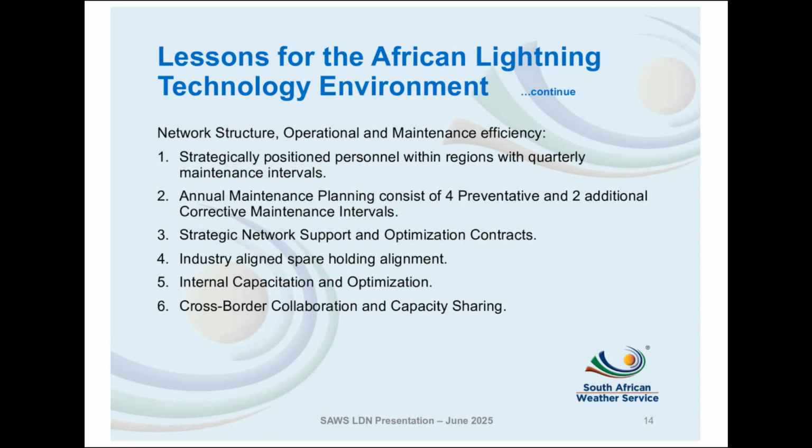And then we have strategic network support and optimization contracts in place. And these involve, like we've indicated before, relationships with METEORAGE, relationship with BioSala, and others to be able to support us to make sure we deliver the best possible service.